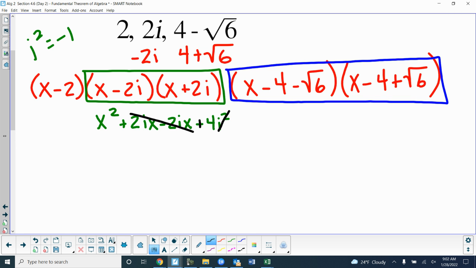Okay? So I still have my x minus 2. That's still there. We haven't done anything with it yet. This green answer is x squared plus 4. Okay? So the i's are gone. That's what's supposed to happen. Now let's work on the blue box problem here. Now, there's 3 terms in each one, right? So how many terms after I multiply them together?